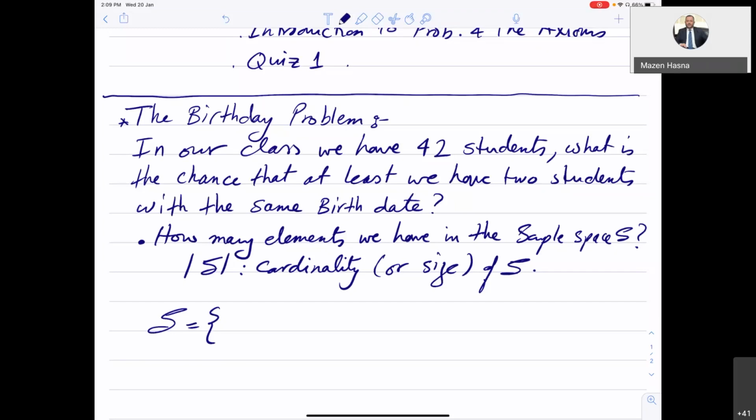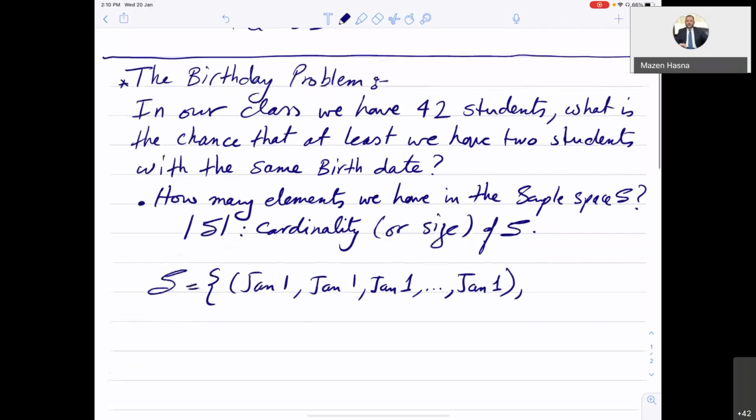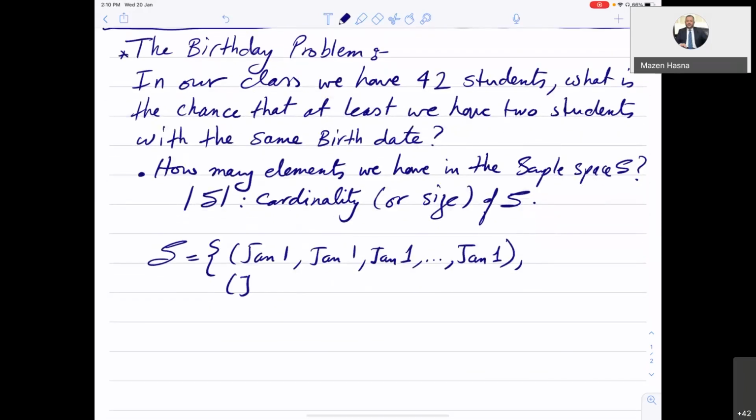This can be an outcome, right? So the first element: January 1st, January 1st, January 1st, all the way to student number 42. So this is one element. Then the second element, the first student will be January 2, and then the second is January 1, all the way to January 1.